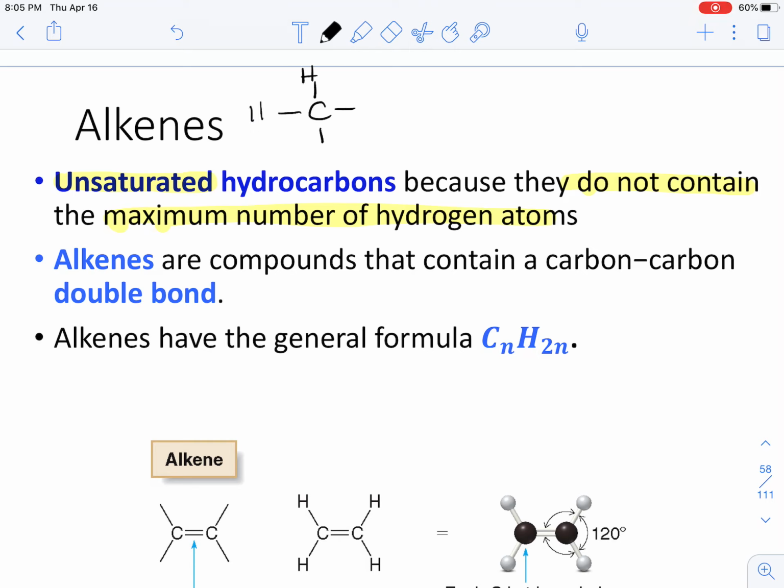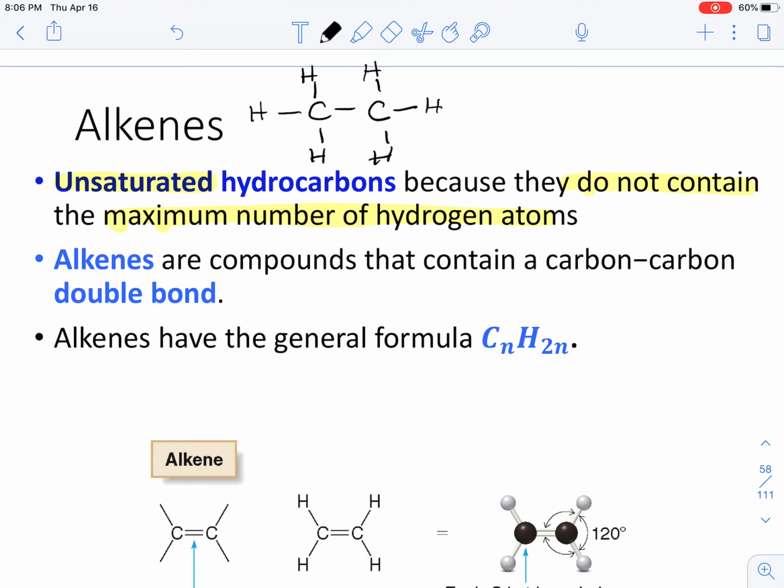And so if all 4 of the bonds surrounding carbon are hydrogen, then you would say that this is a saturated carbon. If, for instance, this carbon is covalently bonded to another carbon, such that both carbons have 3 hydrogens surrounding them, then we would say that this molecule is saturated as well.